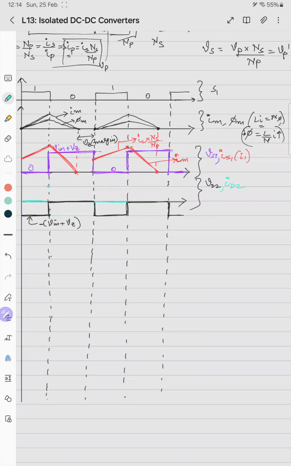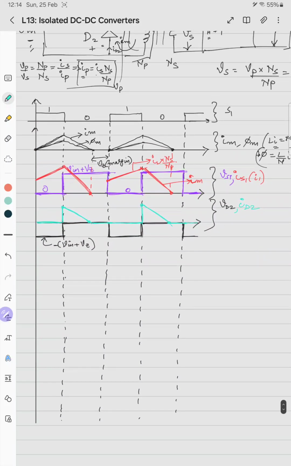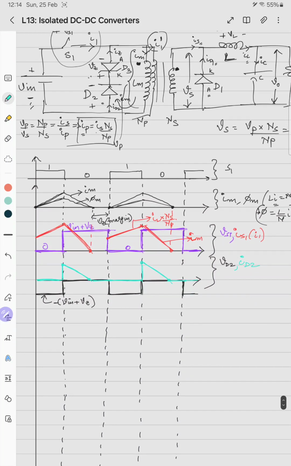So from here to here, again from here to here, it will be like this. This is ID2, the current and voltage through the diode D2. The input section is done, the diode and the Zener branch is done.